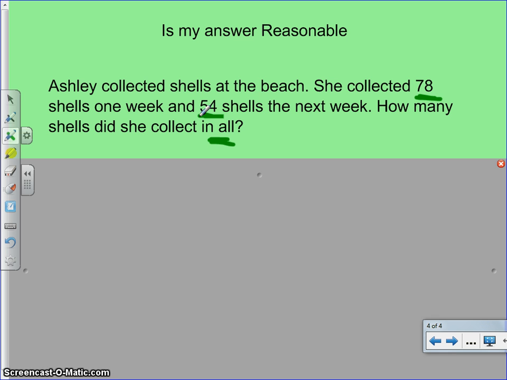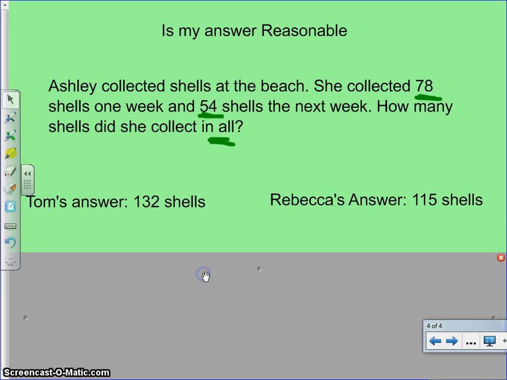Now I have two examples of answers that could possibly happen. One is Tom's answer. Tom's answer says that she collected 132 shells. Then we look over here and we have Rebecca's answer, saying that she has 115 shells. Now I'm not sure which one's correct.